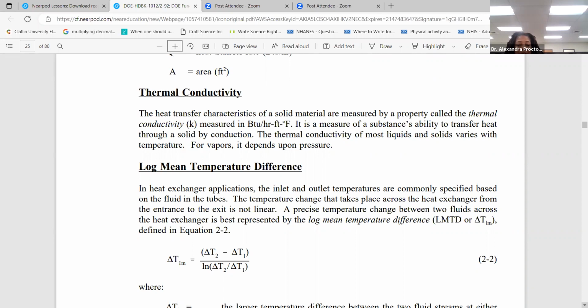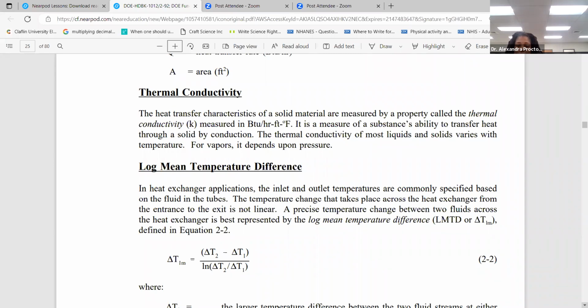The log mean temperature difference: in a heat exchanger, the inlet and outlet temperatures are commonly specified based on the fluid that's in the tubes. The temperature change that takes place across the heat exchanger from the entrance to the exit is not linear.